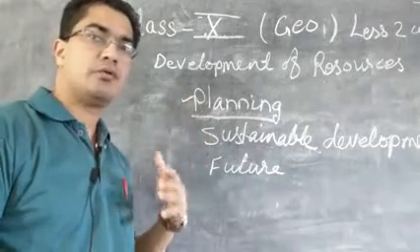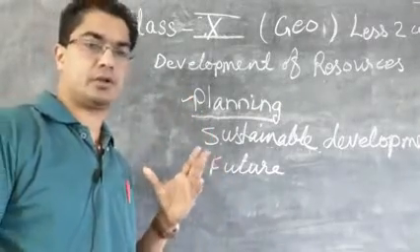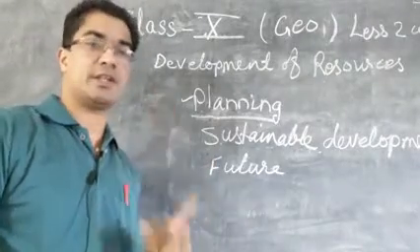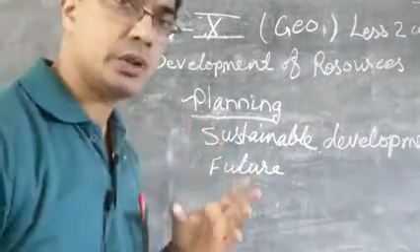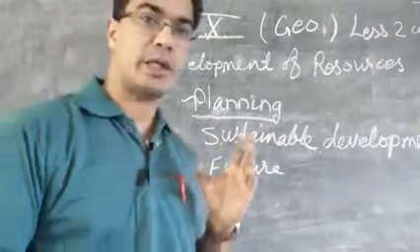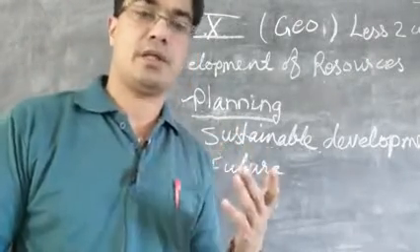So how must we help those generations as well? Not only we have needs, but the generations that are going to come, they also have needs. How are we going to help them? How are we going to enable them to make use of these resources that are there?